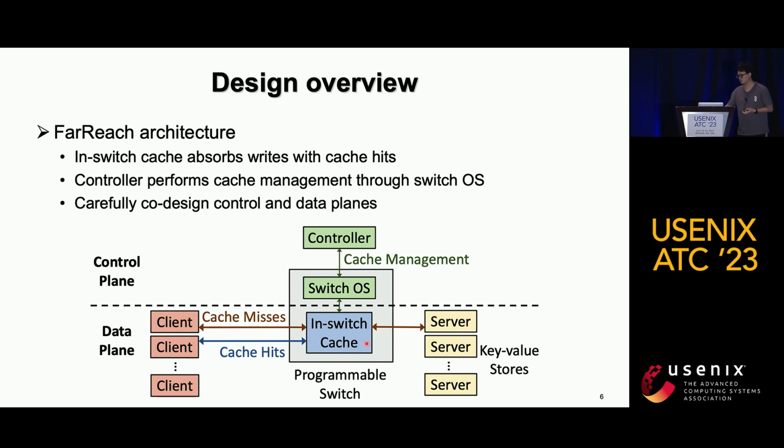Due to the switch limitations, we also offload cache management to the controller. The controller uses the interfaces provided by the switch OS to manage the in-switch cache, including admission and eviction. In the following slides, I will show how we carefully co-design the control plane and the data plane to fix the challenges mentioned before.